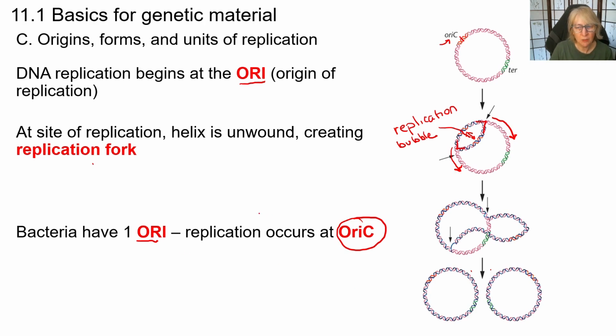One of the things I'll talk about in a little bit, and something to look for, is that adenine and thymine have only 2 hydrogen bonds, whereas guanine and cytosine have 3 hydrogen bonds.